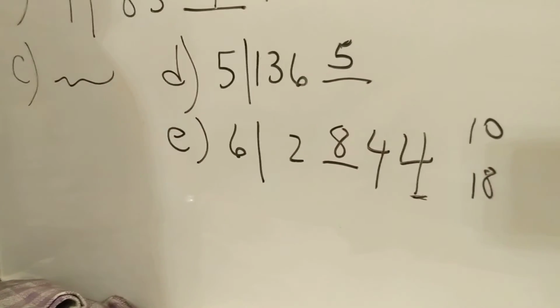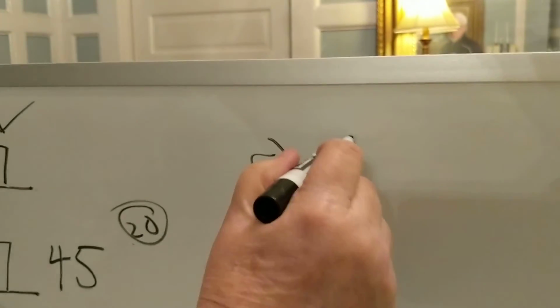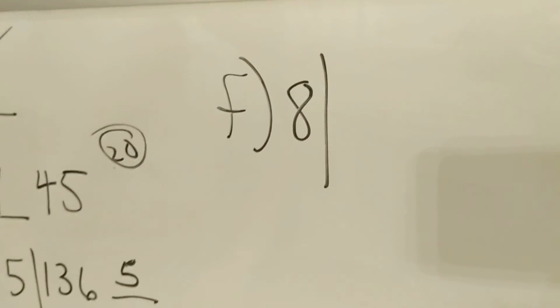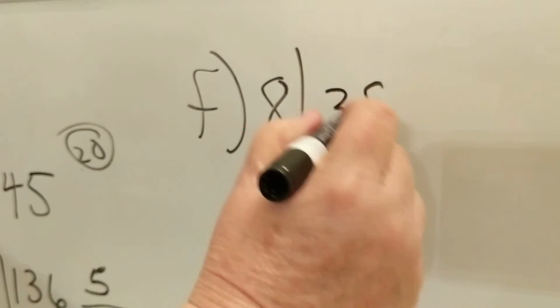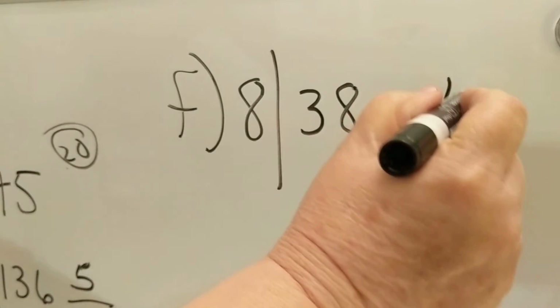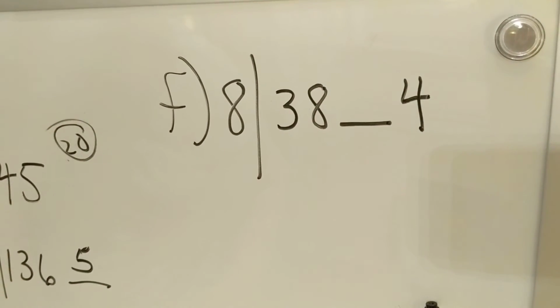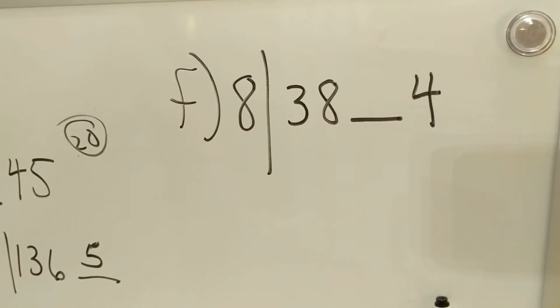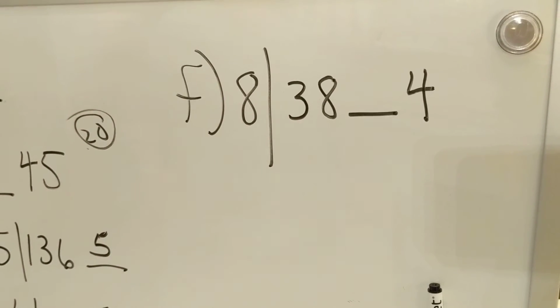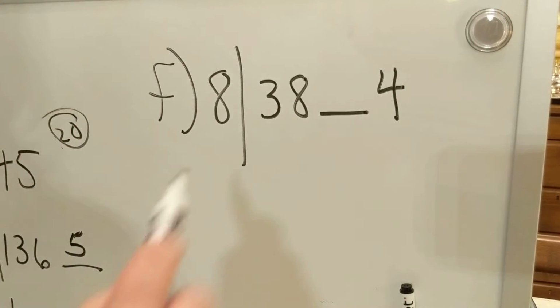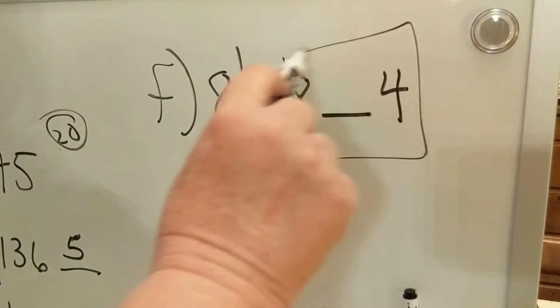And then F. 8 divides 3, 8, blank, 4. What number would make 8 divide this? We have to look at all three of these last digits.